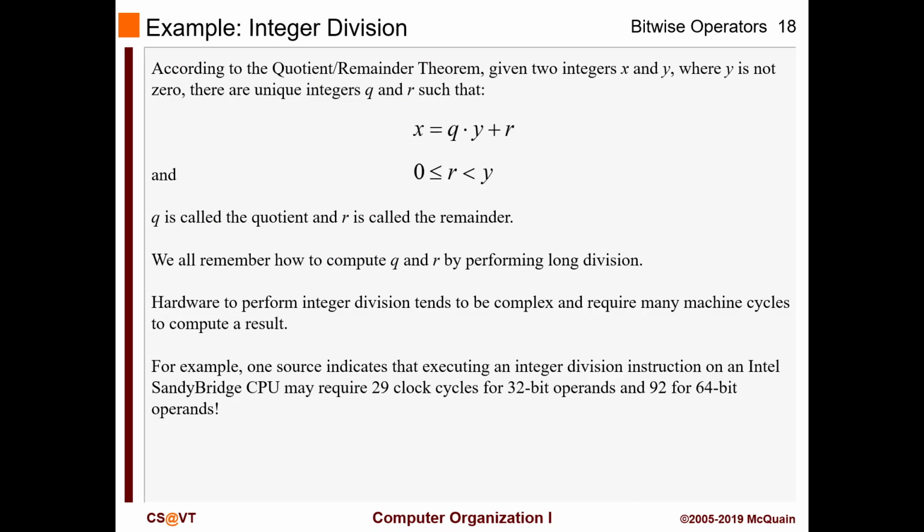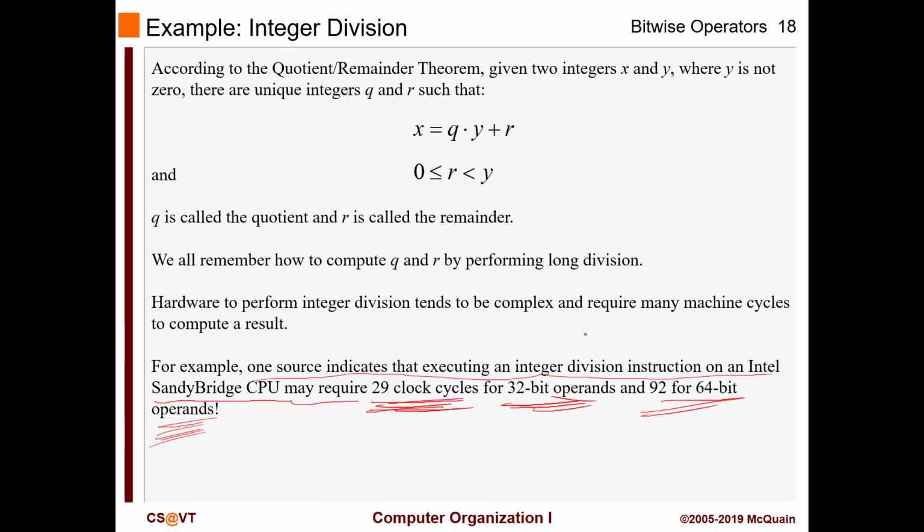Okay, so it's probably the final topic of this lecture: integer divisions. Usually the division operator is a very costly one. For example, one of the sources indicates that executing an integer division instruction on an Intel Sandy Bridge CPU, a very old CPU, may require 29 clock cycles for 32-bit operands and 92 for 64-bit operands.